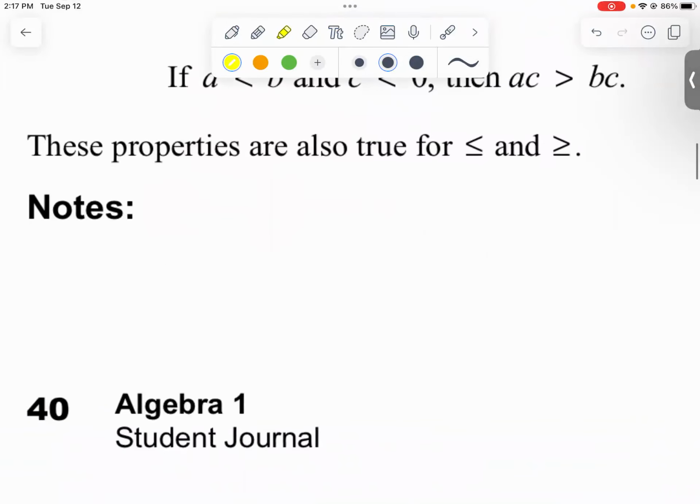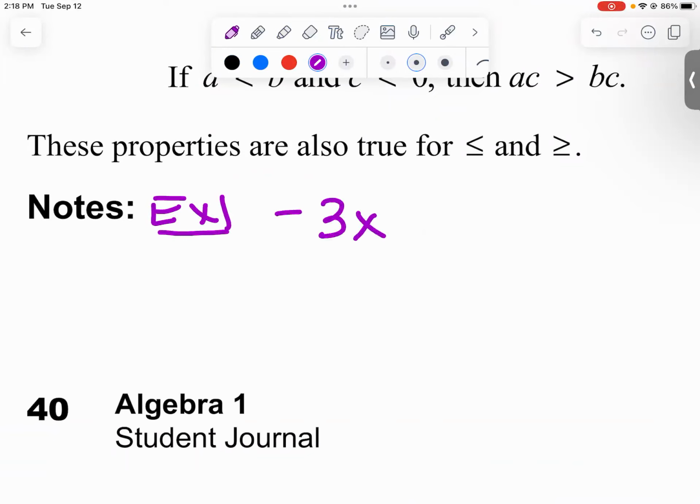Okay, so down here in the notes section, I want you to write down this example. -3x is less than or equal to 30. In order to get x by itself, what are we going to need to do?